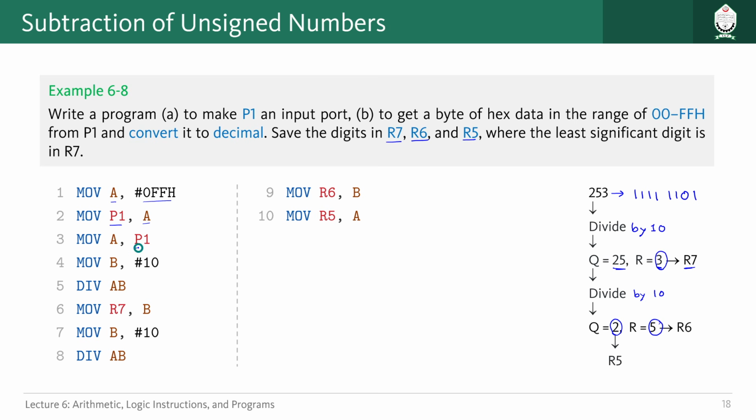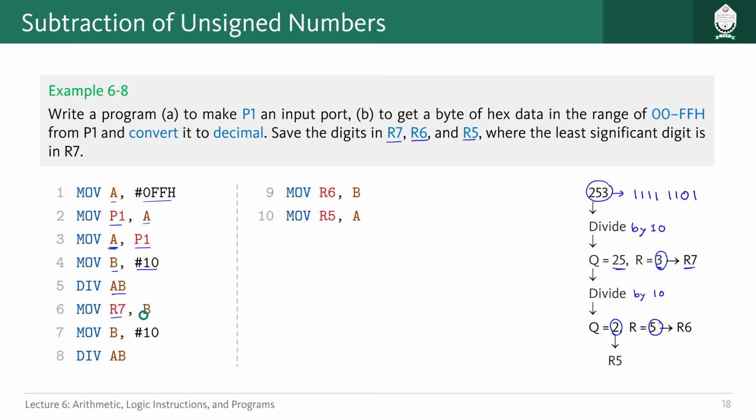Then we read from port 1 and save the value onto register A. Because we already have the value saved in A, for example in this case we read 253 from the port, we then move 10 to B as the denominator, because we are going to divide A by B. If I do that, there will be a quotient and there will be a remainder. We are going to save the remainder onto R7.